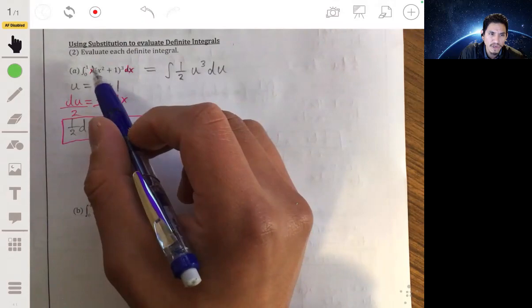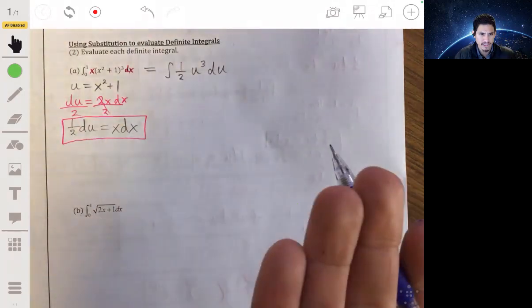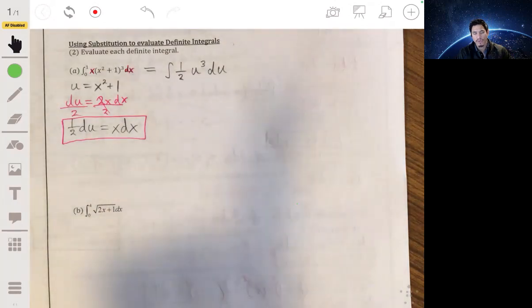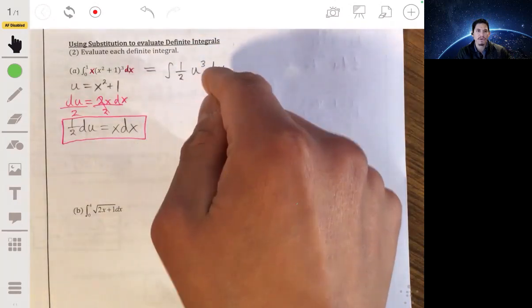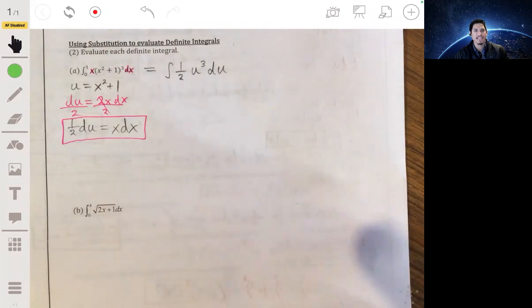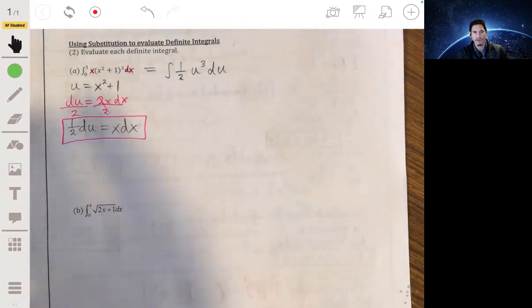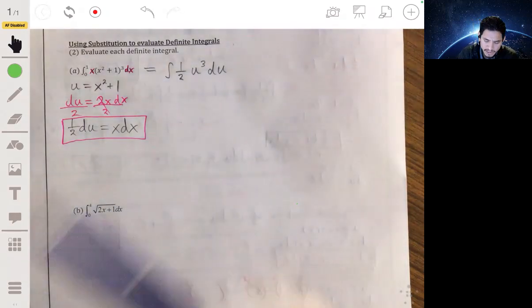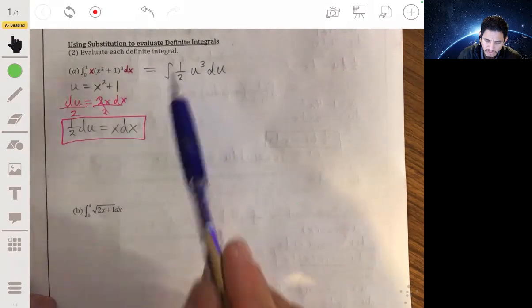The 0 and 1 were in terms of x. But what we can do is either we can just leave it as an indefinite integral, find the antiderivative, and then change it back to x afterwards, and then evaluate it from those two endpoints. Or we can rewrite the endpoints in terms of u.